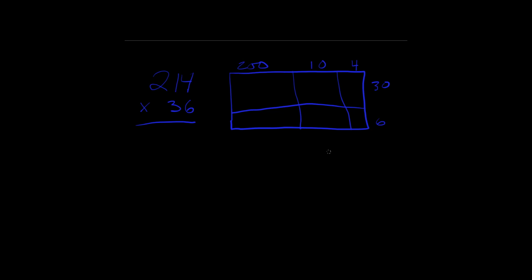So our first problem, I'm going to start down here. So 6 times 4, so that one's going to be a total of 24. All right, 6 times 10 is 60. 6 times 2 is 12 plus 2 zeros. So when I say 6 times 2, it's really 6 times 200, but I'm just showing you where those zeros came from. Now we'll go to the top row.